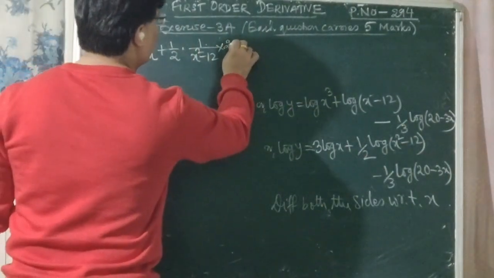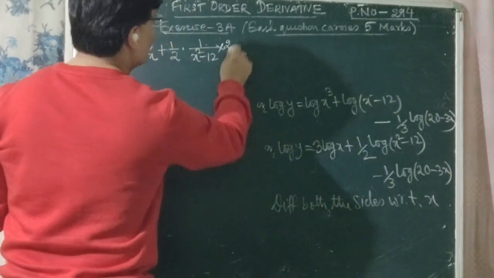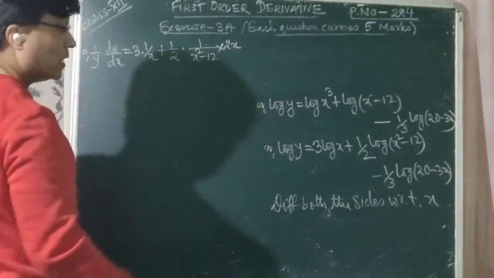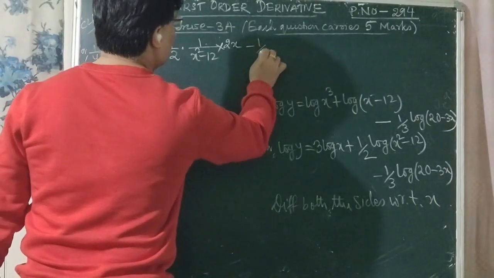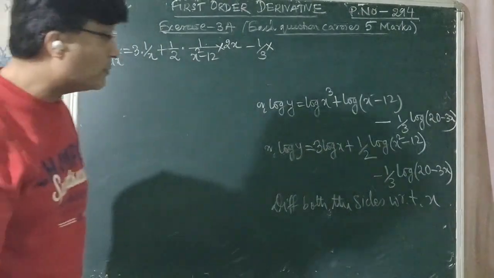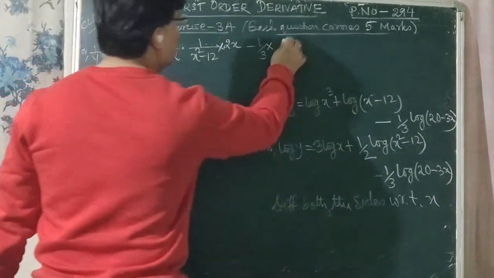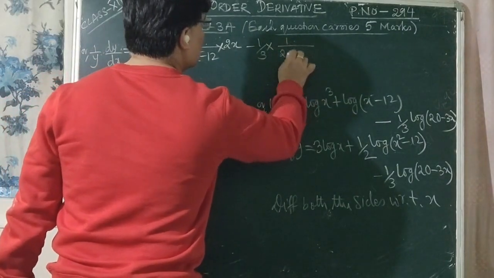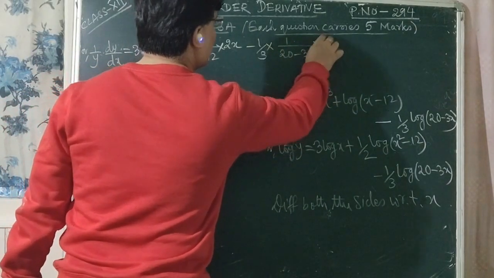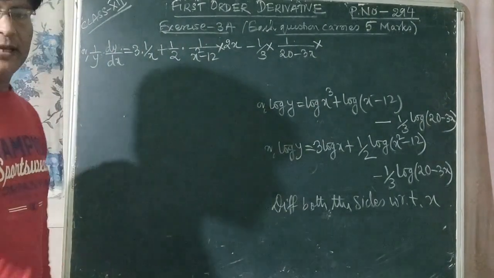Minus 1/3, it is 2x, because differentiation of x square minus 12 is 2x, and then minus 1/3 into, what is differentiation of log of 20 minus 3x? You should take it as log x. What is the differentiation of log x? 1 upon this, 20 minus 3x, into again differentiate the term which is assumed as x.